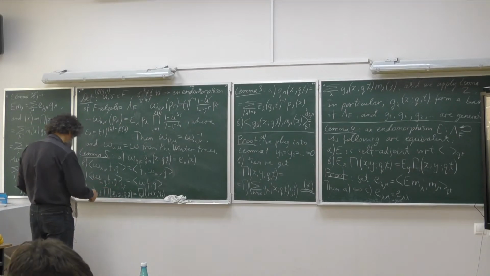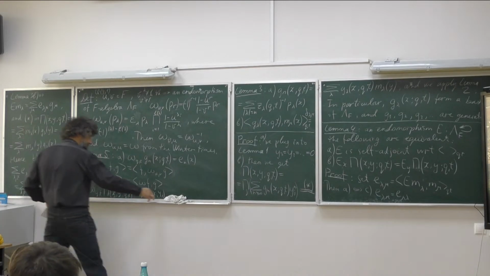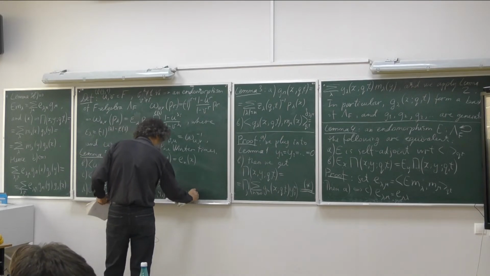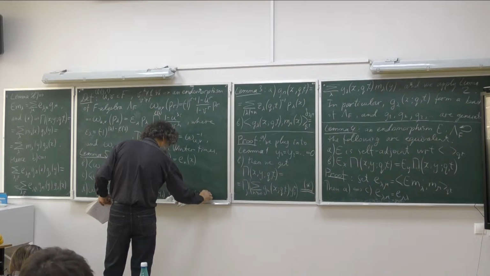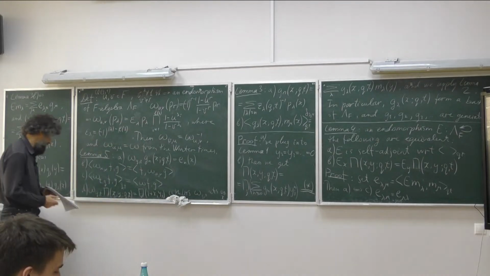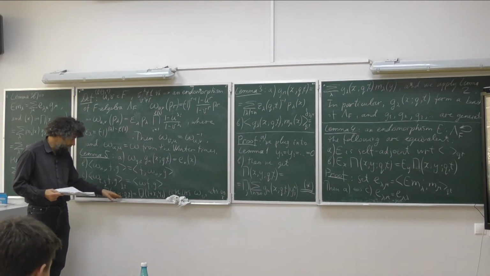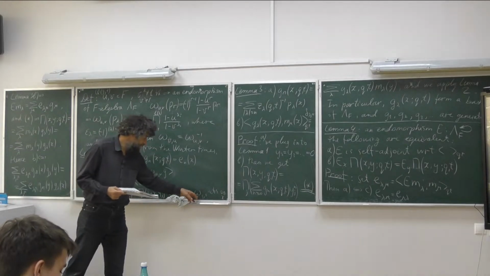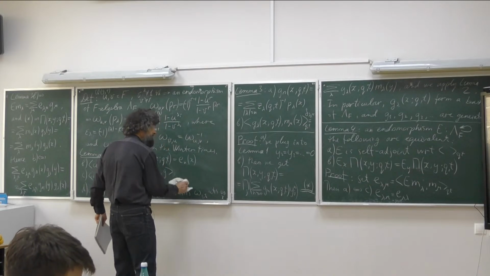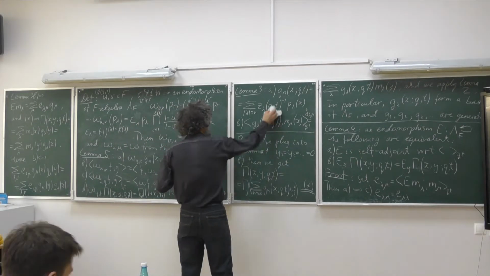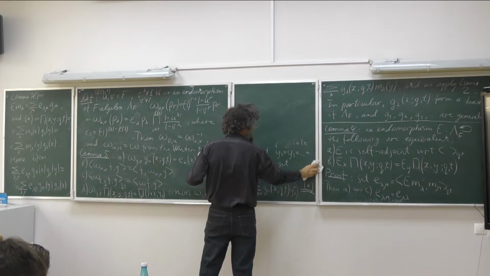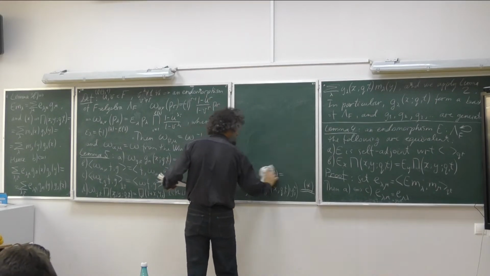Okay, but when I write this, I mean that on the left-hand side, this omega_{q,t} acts on x. You have here x variables, y variables, but this involution omega acts only on x. Yes, this is our old favorite scalar product.